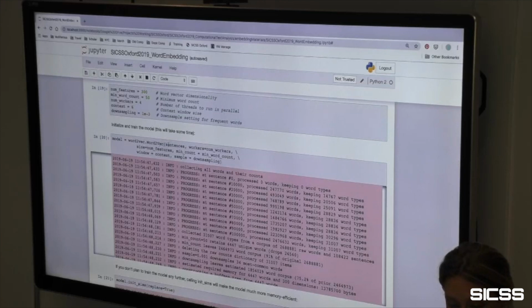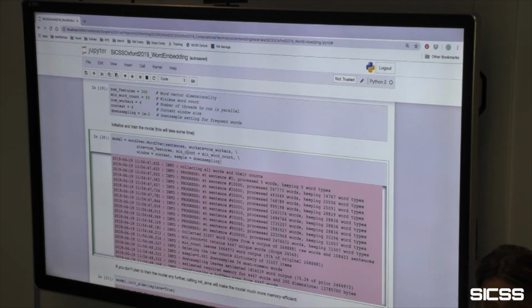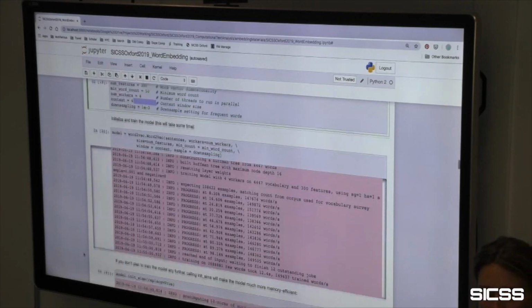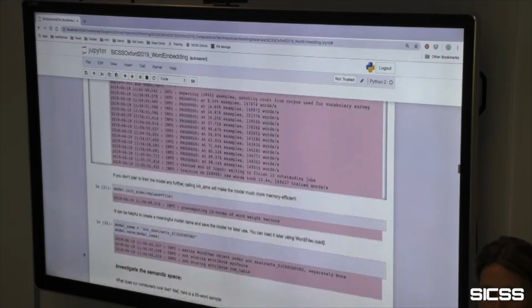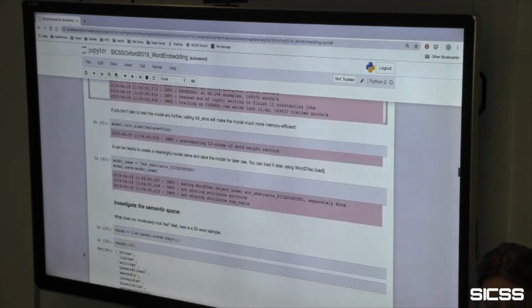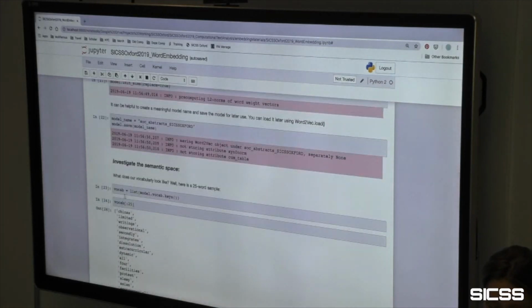You give it your list of sentences, which are each a list of words, and define the parameters based on these things above. Then it runs, showing the progress as it goes along. If you don't plan to add more data and keep training the model, then you just want to save it. I saved it.